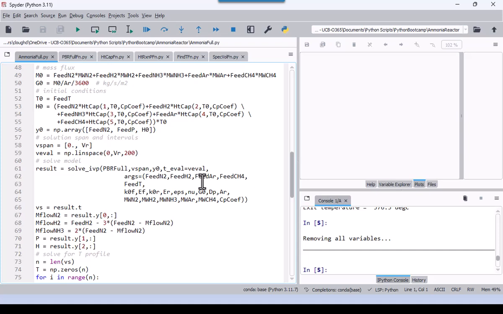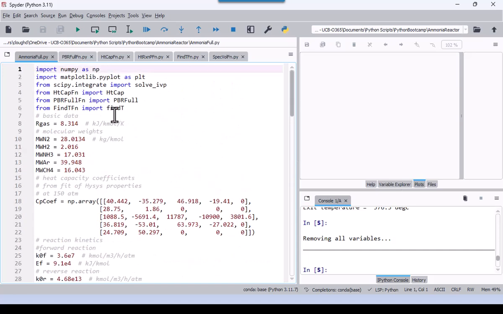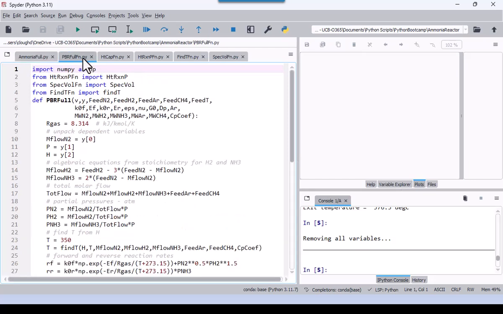And then we'll come back to this and look at how we unpack the results a little bit later and generate plots. It's very similar to what we did before. But first, what we want to do is go to the PBR full routine and see how we come up with the needed derivatives.